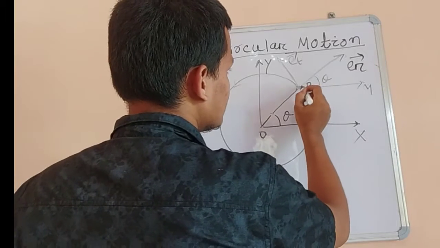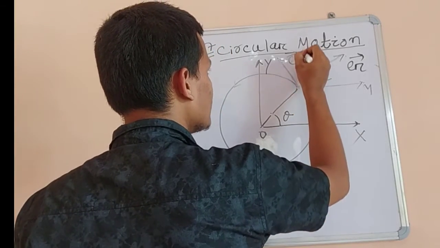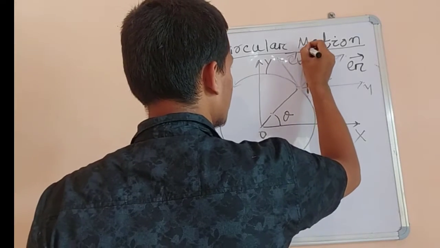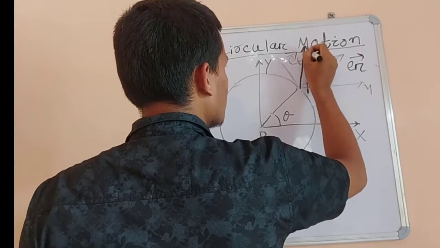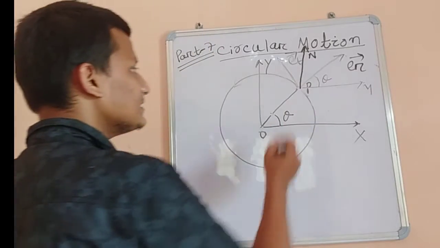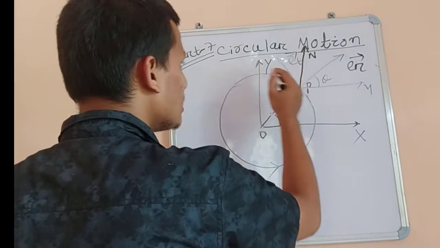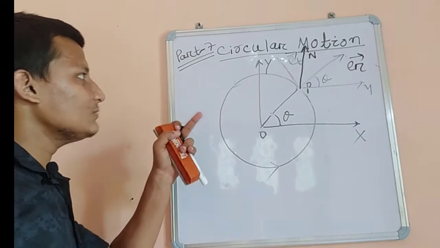Suppose Pn is parallel to OY, meaning Pn is parallel to the positive y-axis.